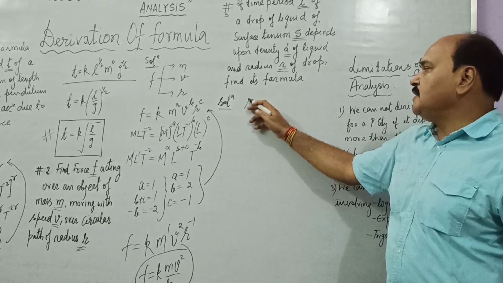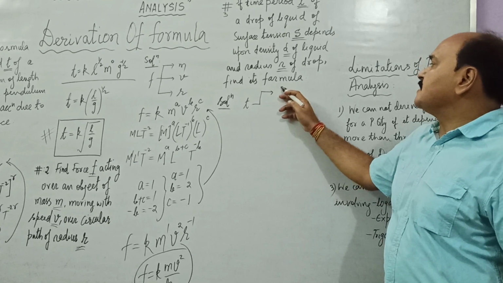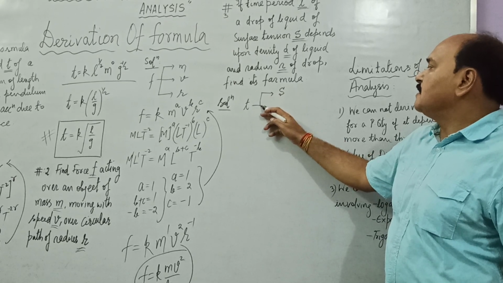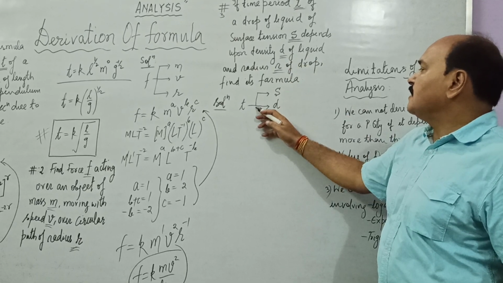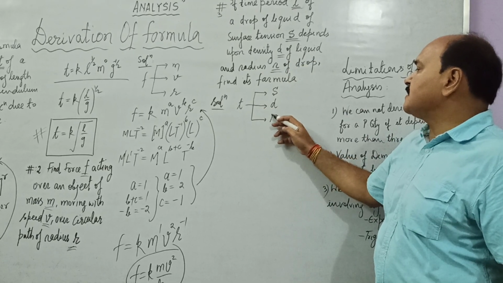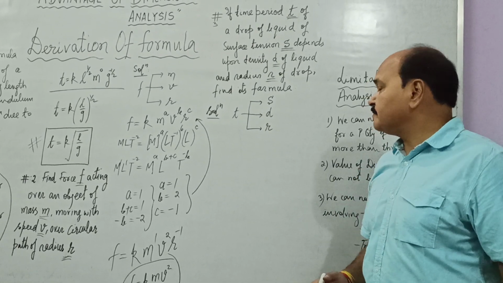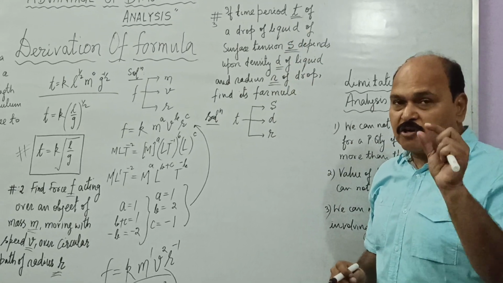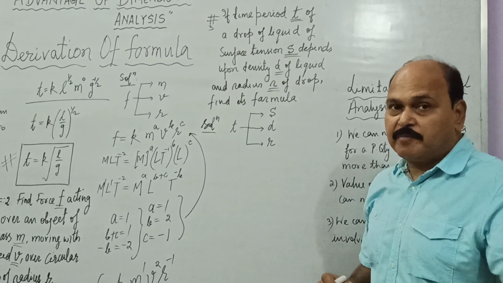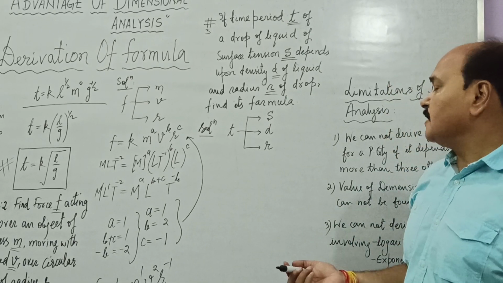So time period T in the question depends upon surface tension S of the liquid, it depends upon density D of the liquid, and it depends upon radius R of the drop of the liquid. This is the time period of oscillation of the drop. The drop of the liquid vibrates, so when it vibrates, it has a definite frequency and of course a definite time period.